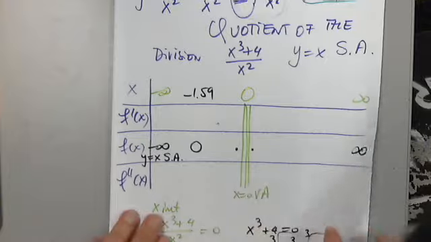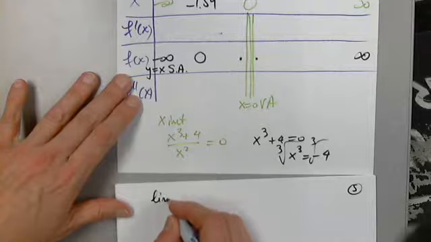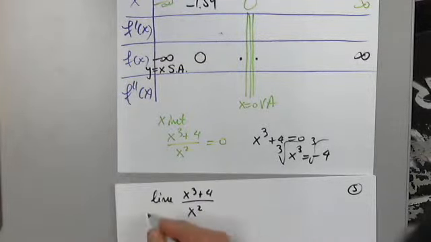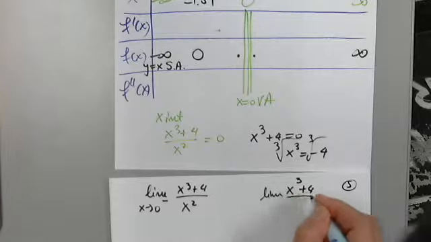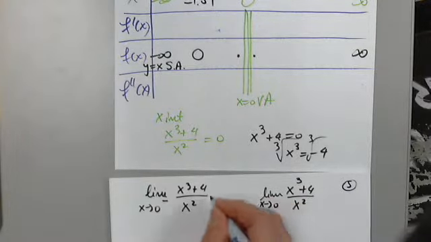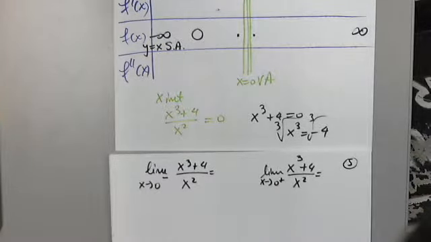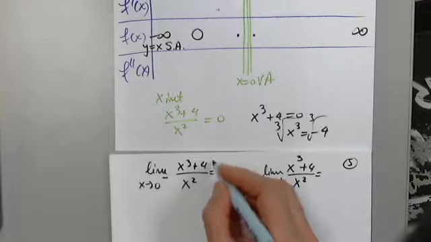Okay, so let's find left and right. So, limit of x to the third plus 4 divided by x squared when x approaches 0 from the left, and then when x approaches 0 from the right. When x approaches 0 from the left, the top is perfect.